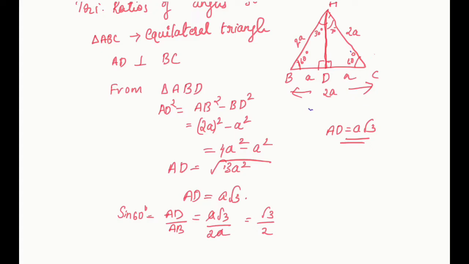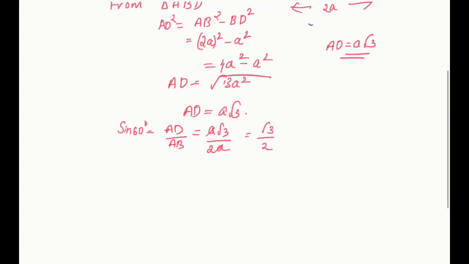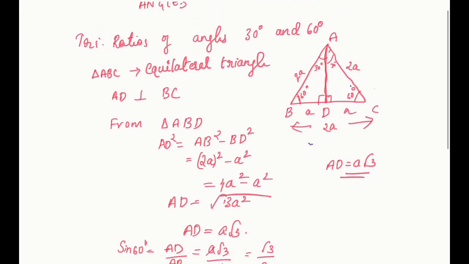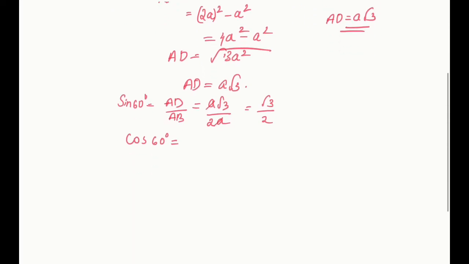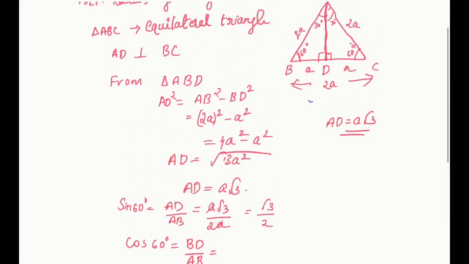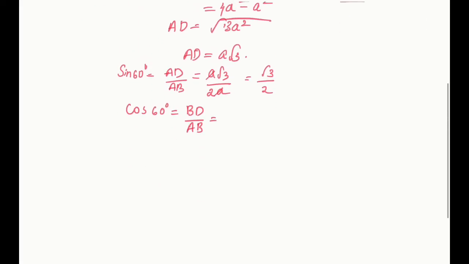Now, coming to cos 60. What is cos 60? Base by hypotenuse. What's the base here in the first triangle? BD by AB. BD is A and AB is 2A. So, A and A are getting cancelled. Cos 60 is equal to 1 by 2.